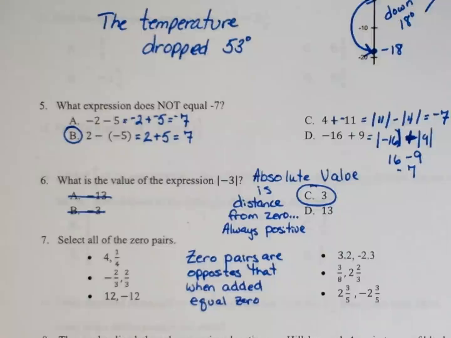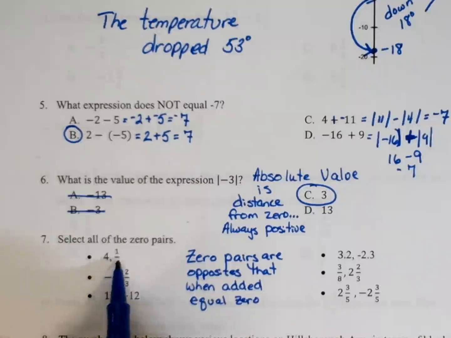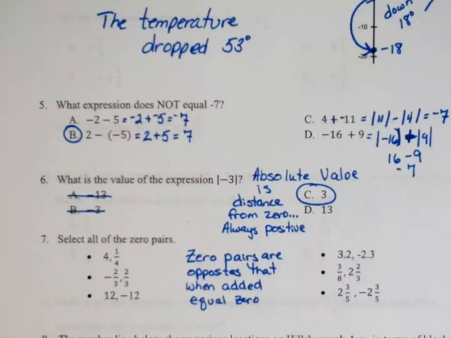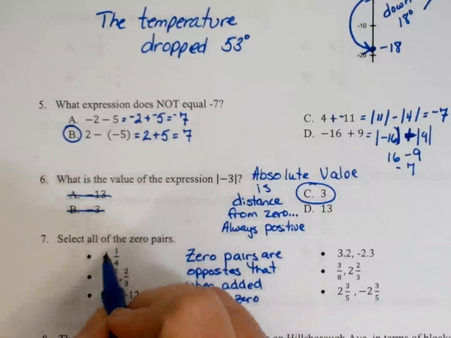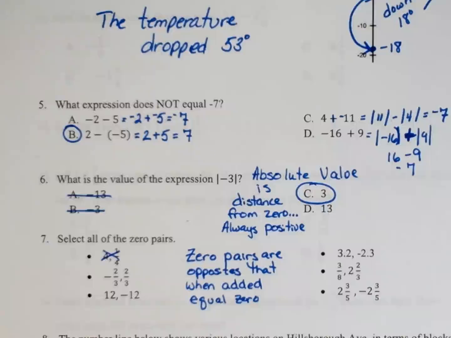Okay? So, 4 and 1/4. If I add those, do I get 0? No, I get 4 and 1/4. So that one's not a zero pair.